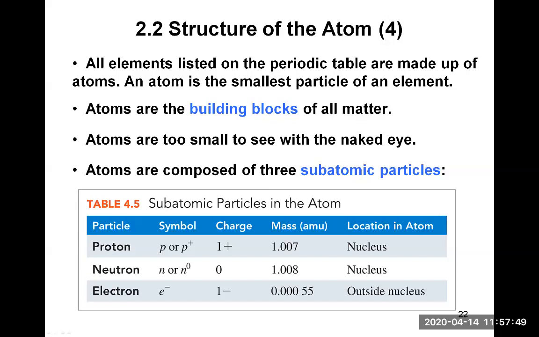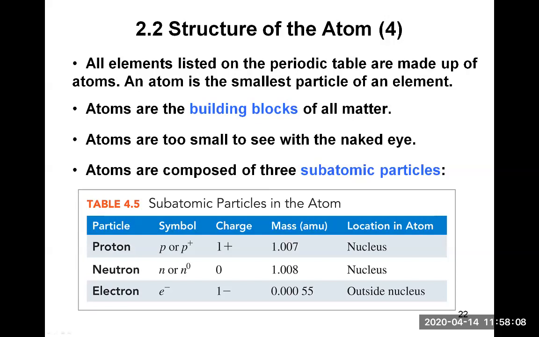Electrons, symbol e with a negative sign. The charge is -1, so that's why we have that negative sign in the symbol. And the mass is very, very small. It's like 2,000 times less than the mass of a neutron or a proton, right?